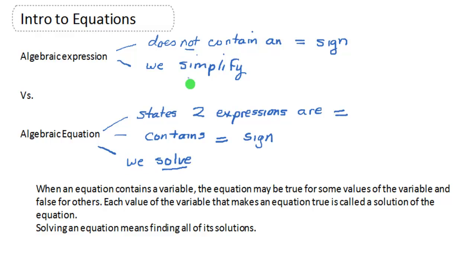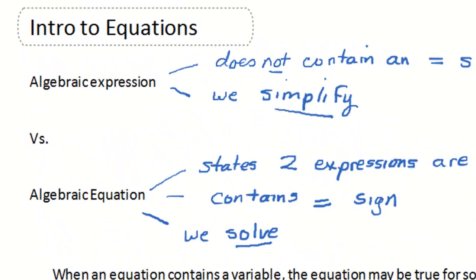We find the values for the variables that will make the equation true. So when an equation contains a variable, the equation may be true for some values of the variable and false for others. Each value of the variable that makes an equation true, we call the solution of the equation. And we say we solve the equation. So solving an equation means find all of the solutions.